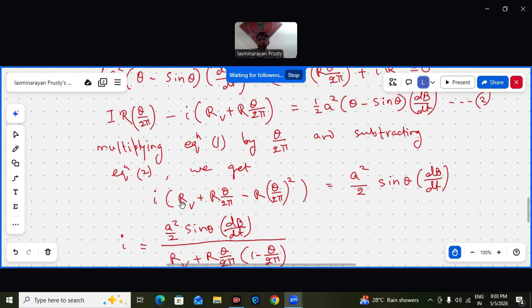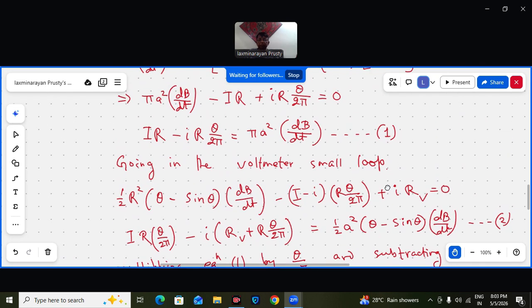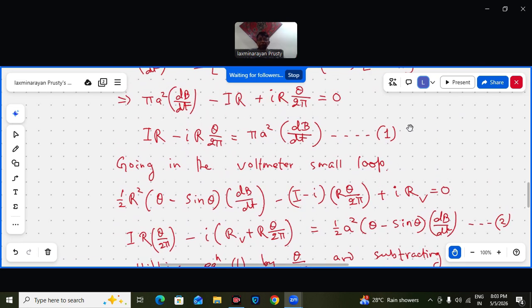I get small i into (RV plus r theta by 2 pi minus r theta by 2 pi square). I multiply this by theta by 2 pi and subtract equation 2 from there. So i into (RV plus r theta by 2 pi minus r theta by 2 pi square).